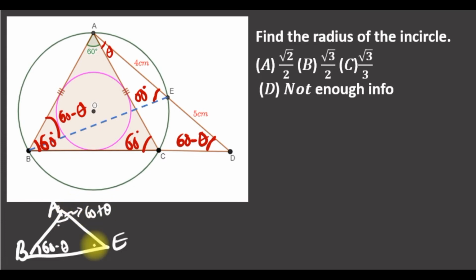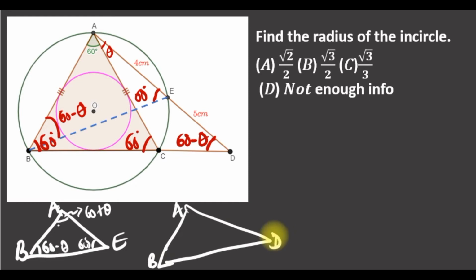Here is 60. So the second one, the big one, is A, B, D. This is 60 plus theta. This is 60. This is 60 minus theta. So the two triangles are similar as the interior angles are congruent.